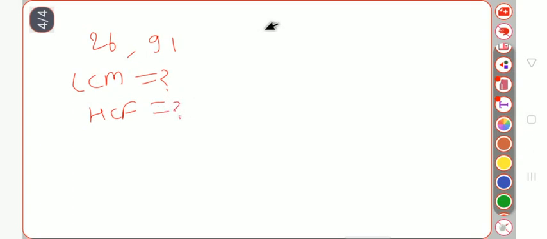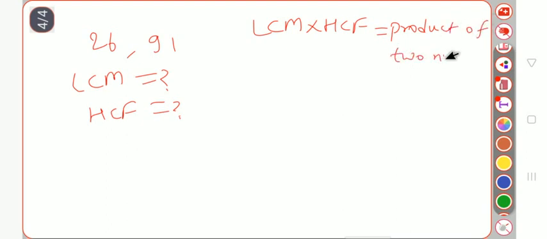Then we have to show LCM into HCF equals the product of the two numbers. Product of the given two numbers.